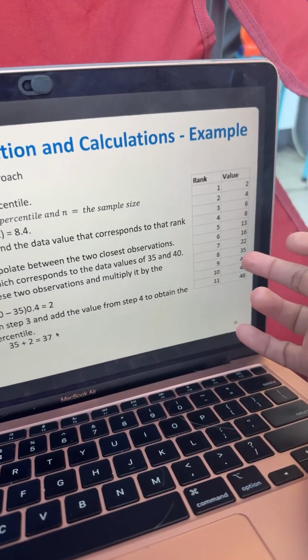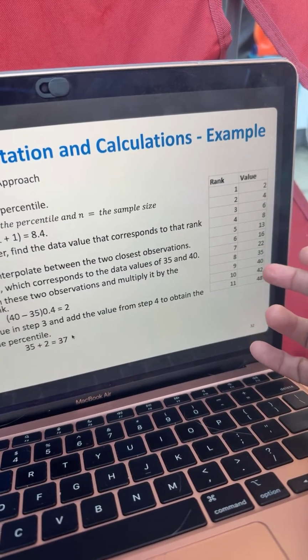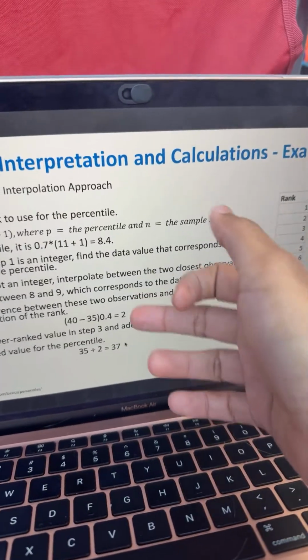Why is it 0.4 though? Why is it not 0.1 or something? I don't know.